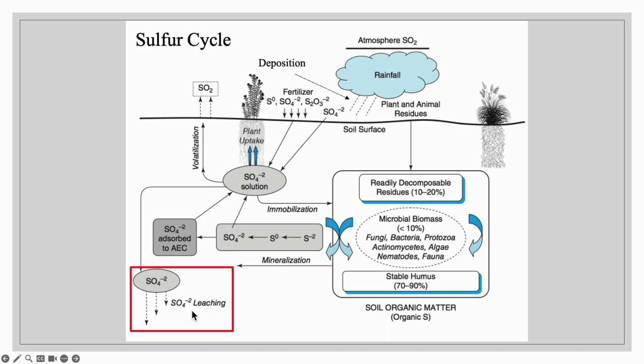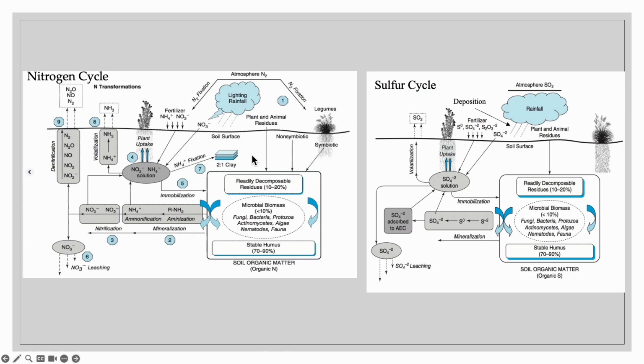And this leaching is going to cause the environmental pollution that we're trying not to be a part of, right? That we're trying to minimize. So you need to understand what's going on in the soil and these transformations in order to minimize the impact, right? This is all about environmental stewardship and how we can stop polluting our waterways for the most part. So very dynamic, a lot of things going on.